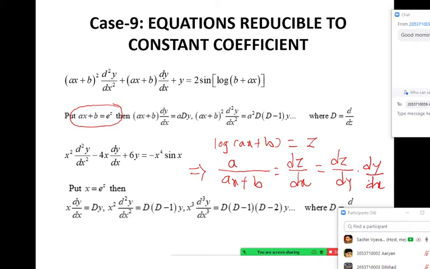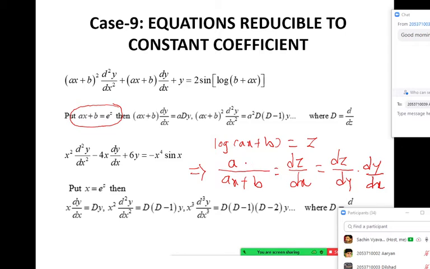So what happens then? Now we can take this ax plus b on the right hand side, so we'll get ax plus b dy by dx is equal to a times dy by dz.